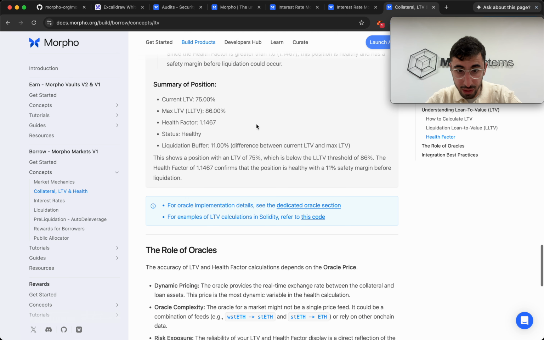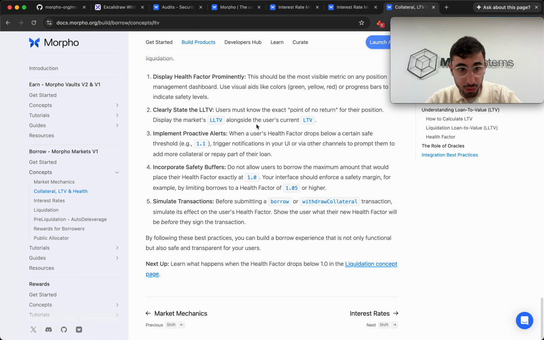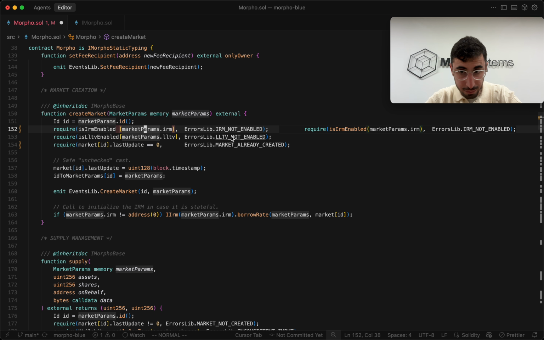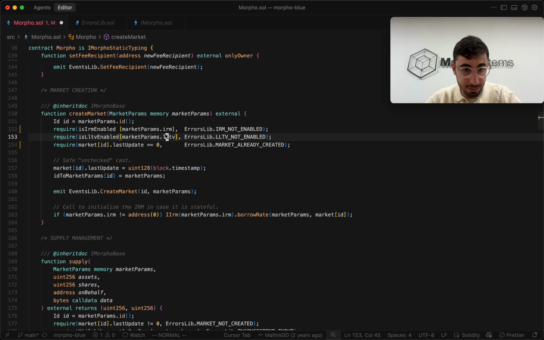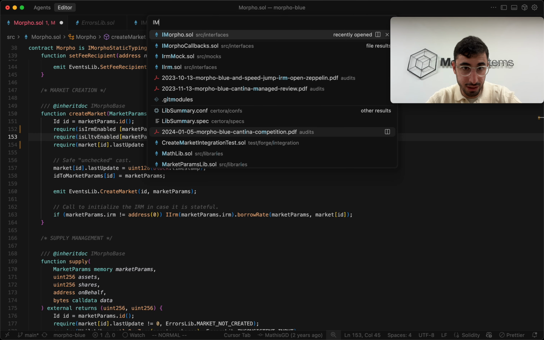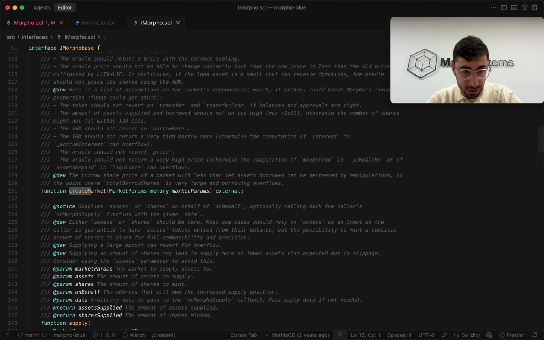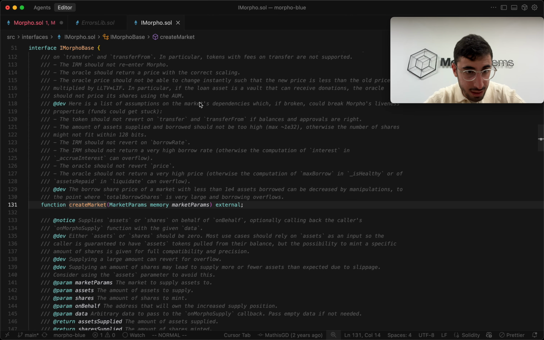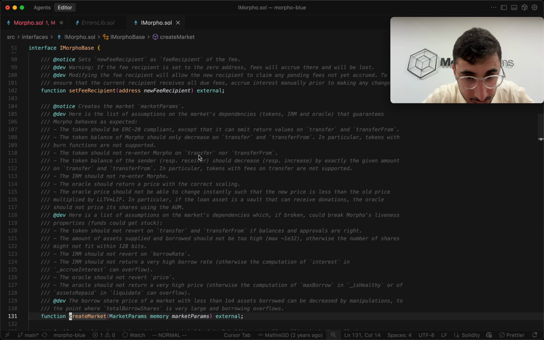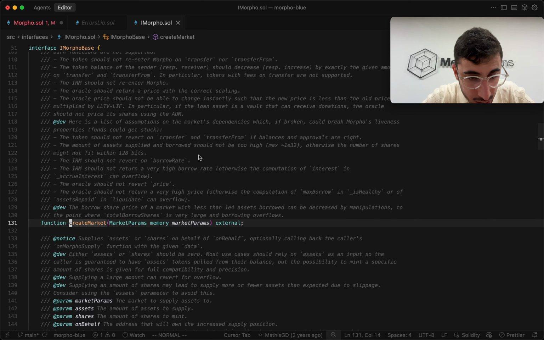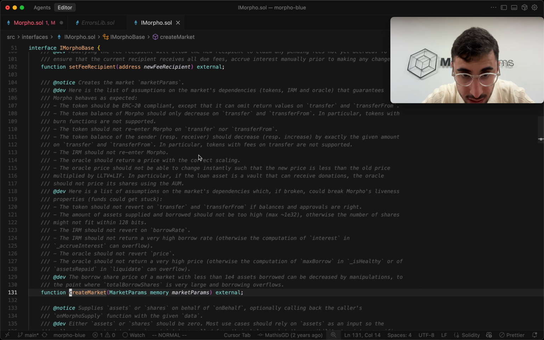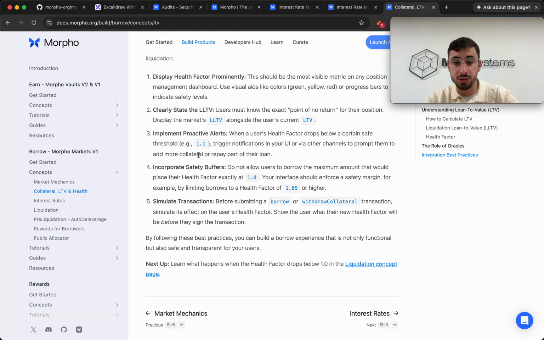They have a couple of ratios approved by governance. So let's see, I think it's maybe in the interface. Morpho create market. Is it defined here? LLTV? It's not, but let's do something.